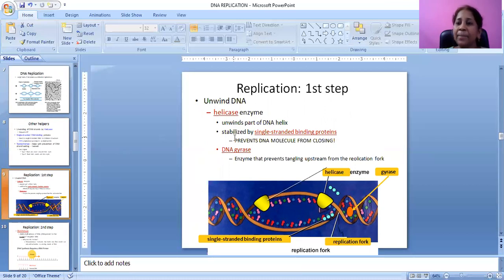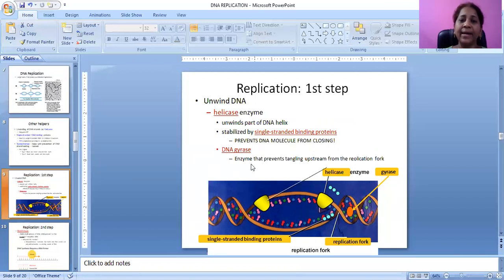This is stabilized by single-stranded binding proteins, which prevent the DNA molecule from closing. After the DNA helix is unwound, there is a chance of the DNA molecule closing, so single-stranded binding proteins prevent this.